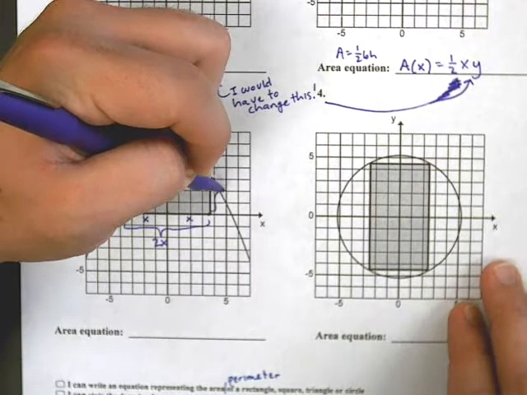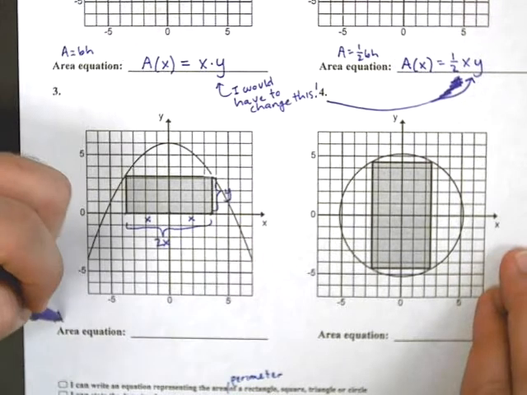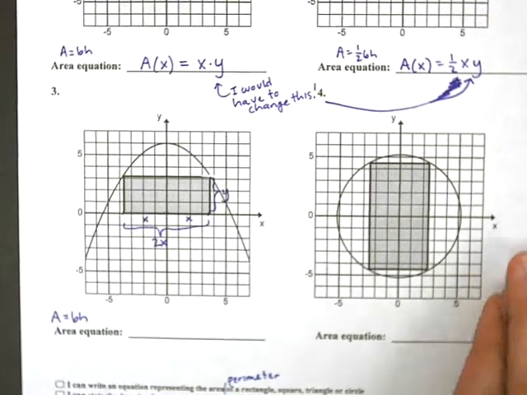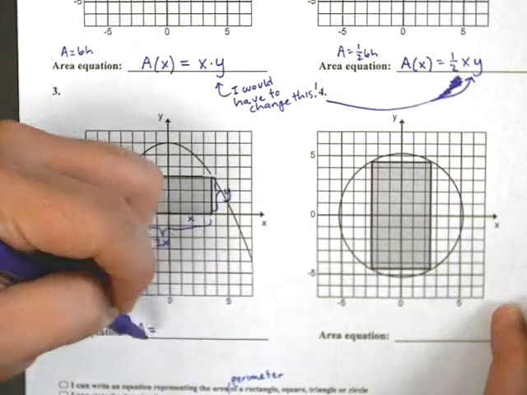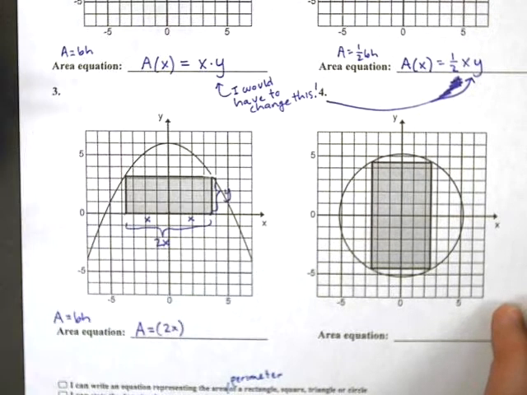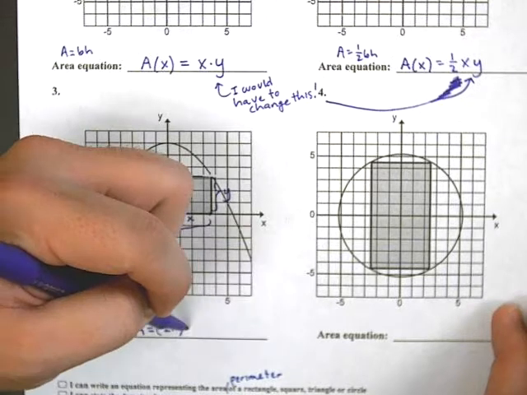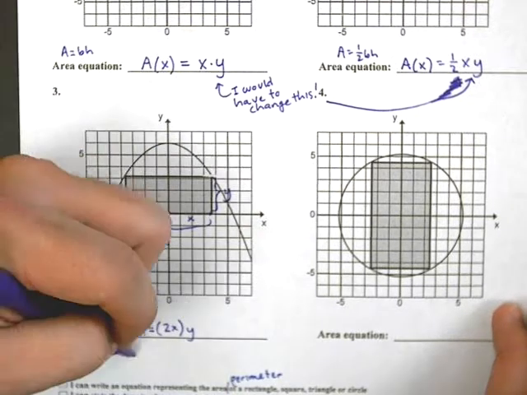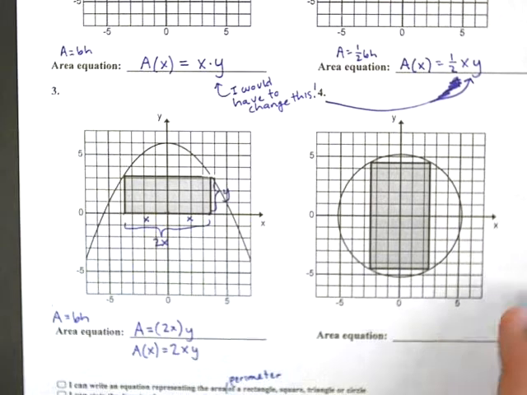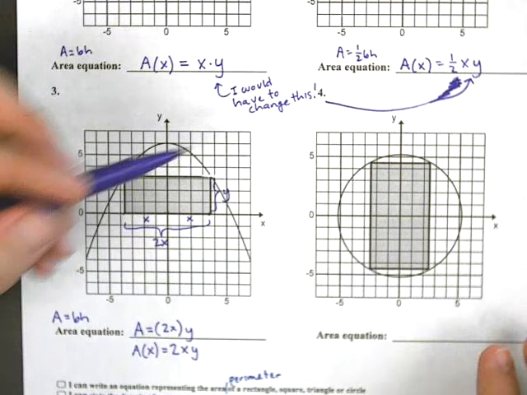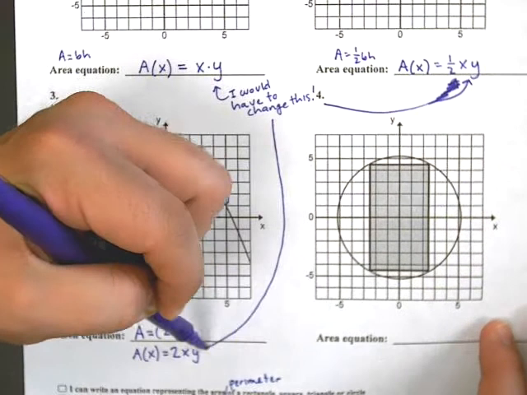My height is still y, so again it's a rectangle, A = bh. Area equals my base, 2x, times the height, y, and when I clean this up I would say 2xy. I'll bring my same note down to this y value.